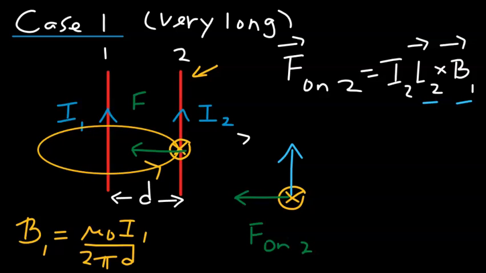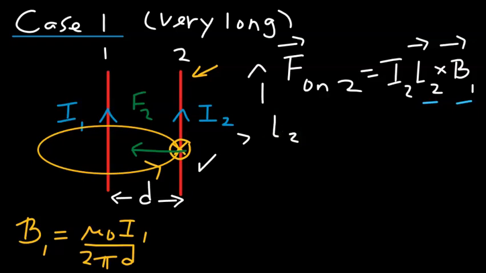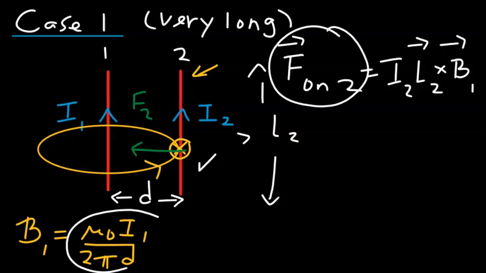Let's call it F2. Note L2 is the length of conductor 2, and the direction of the length vector L2 follows the direction of the current I2. So the direction of the current I2 and the magnetic field B1 are perpendicular to each other.